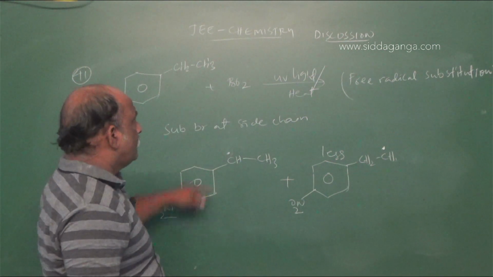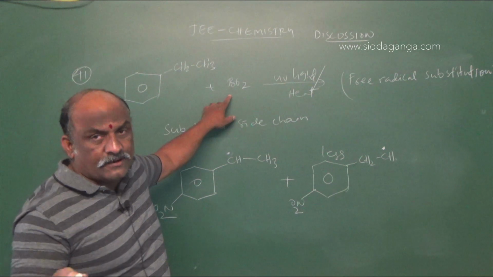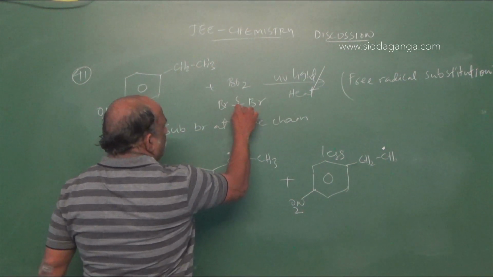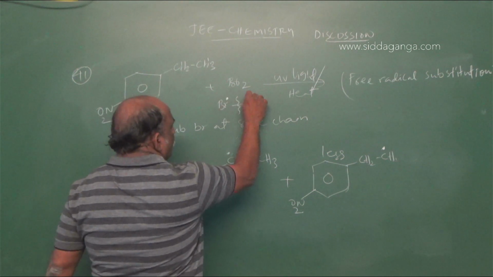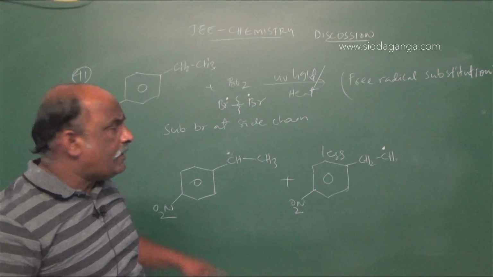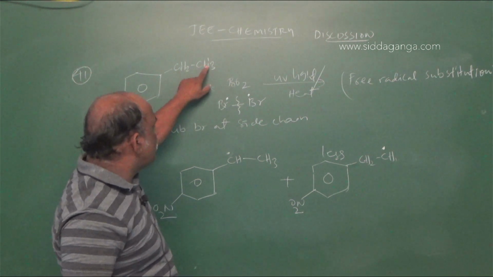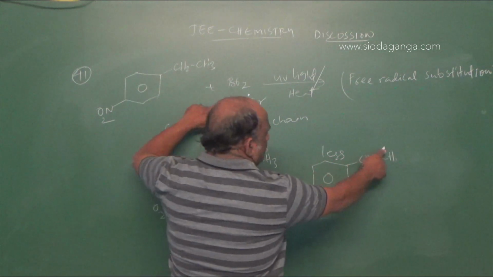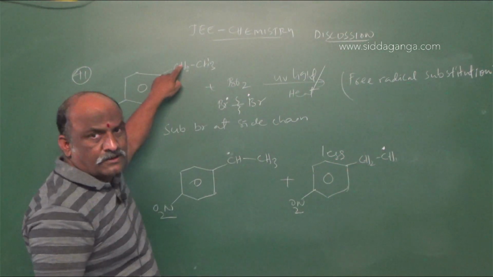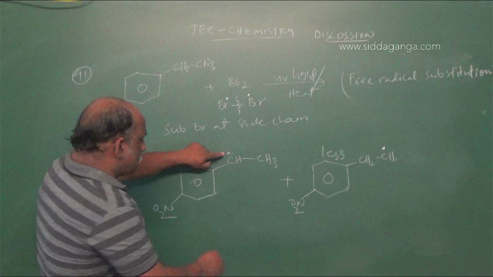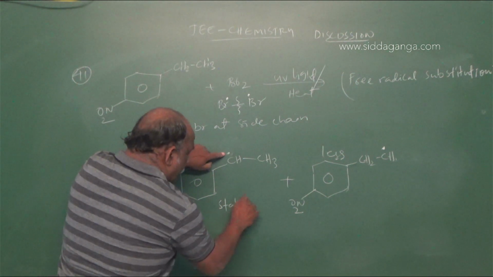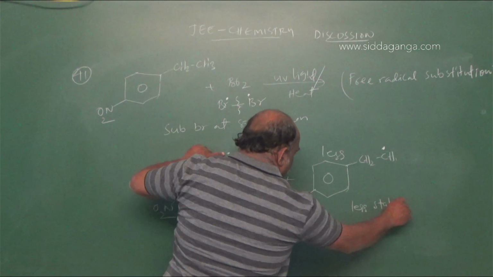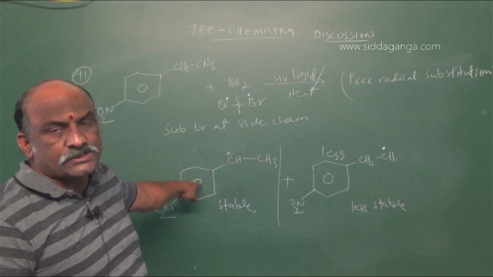Br2 can be written as Br-Br; break it, then it becomes a Br free radical. The Br free radical combines with an H free radical, and HBr is eliminated. Suppose this H is taken, this becomes a dot. Suppose this H, this becomes a dot. This is a more stable free radical; this is a less stable free radical.